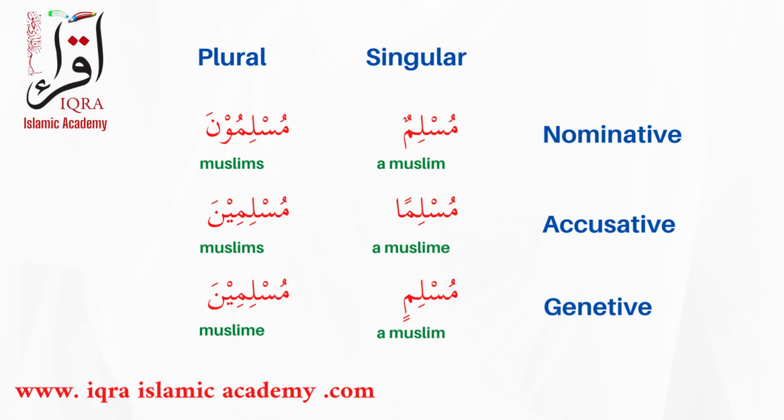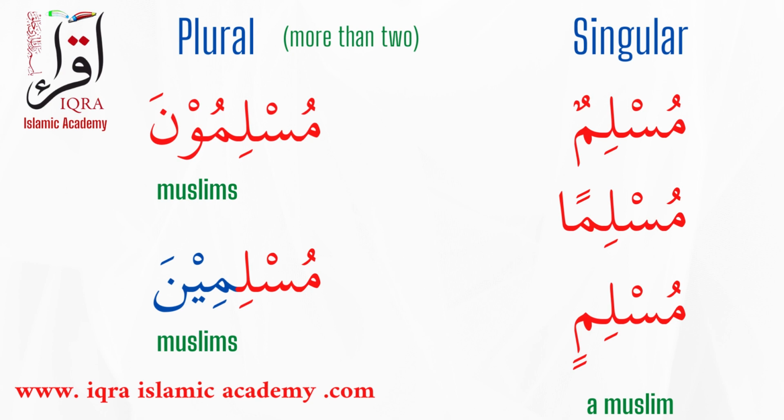You can see that ya noon are added at the end, and the letter preceding, which is meem, is getting a kasra. And in genitive case, Muslimin, Muslimina.